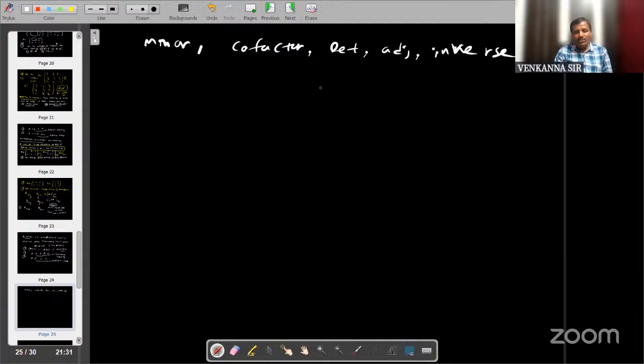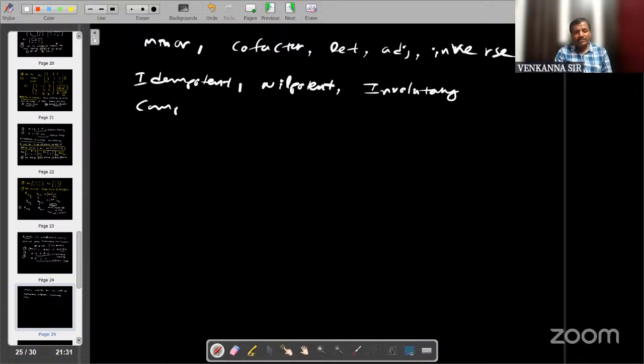After minor, cofactor, determinant, adjoint, inverse, the topics are idempotent matrix, nilpotent, involutory matrix, complex matrix, conjugate matrix.